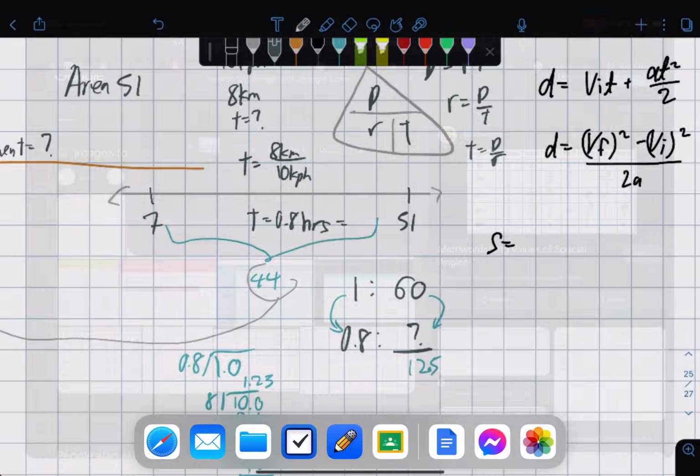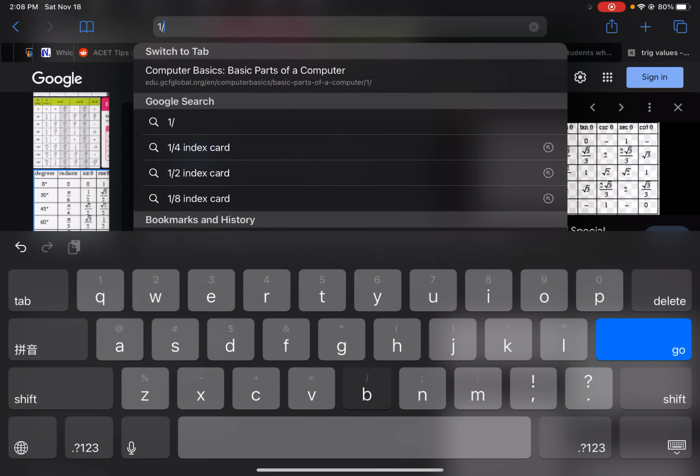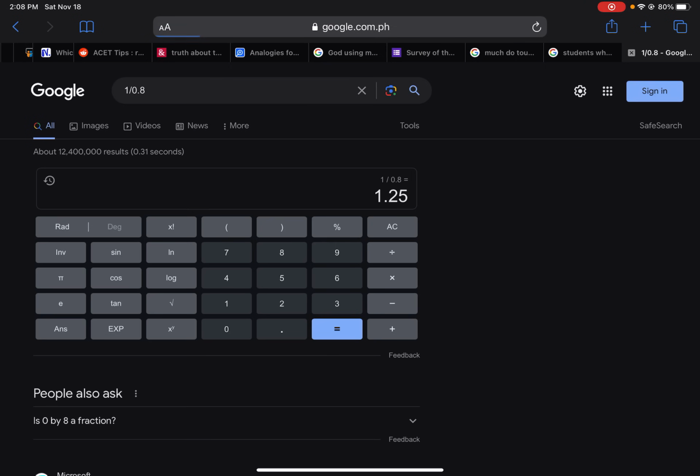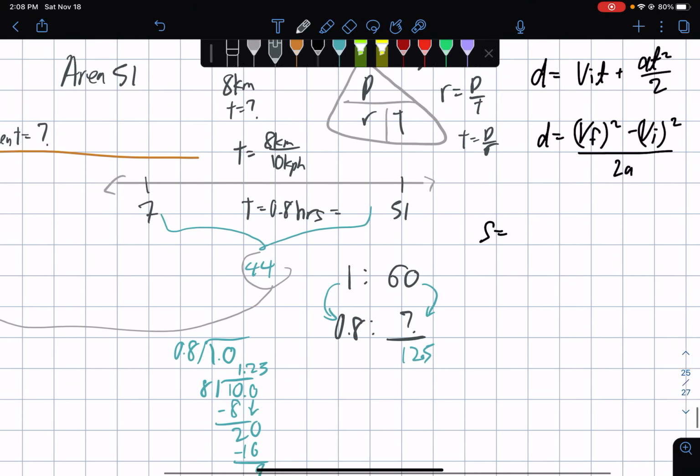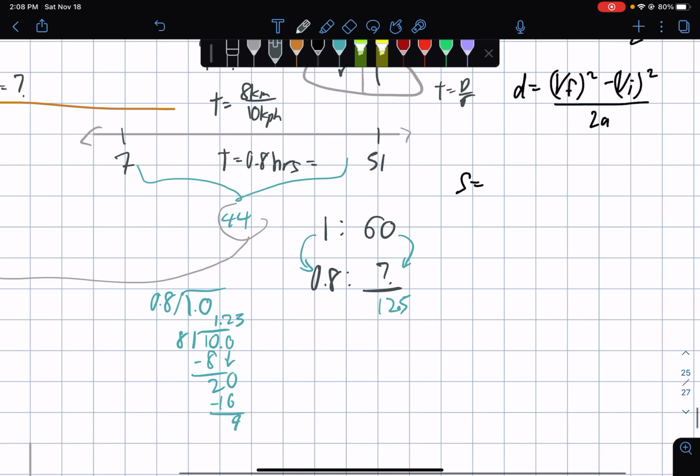Let's just try using the calculator just for this once. 1.25. Yeah, that's what we got. Should have kept the decimal point the same.